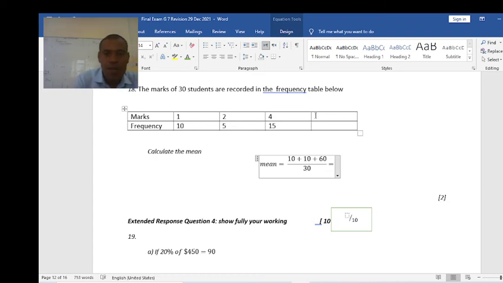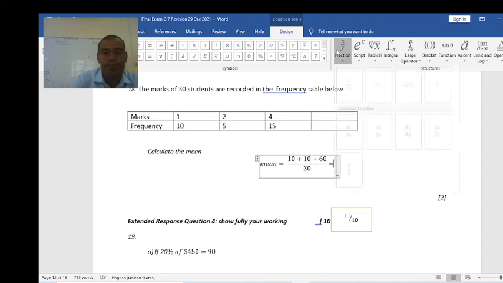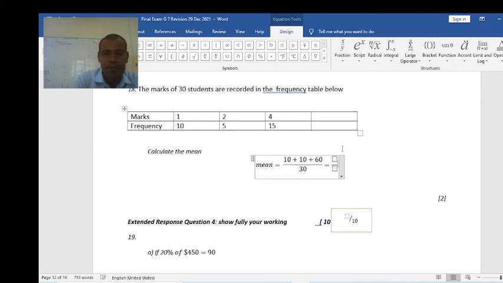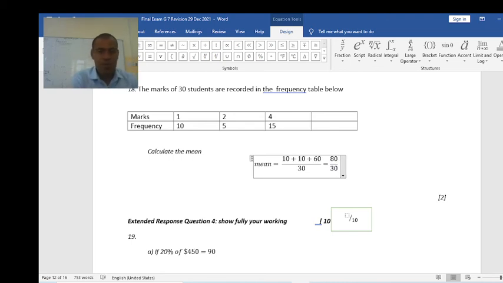Equal, I will use another fraction. This one will be 80 divided by 30. You can simplify more also.